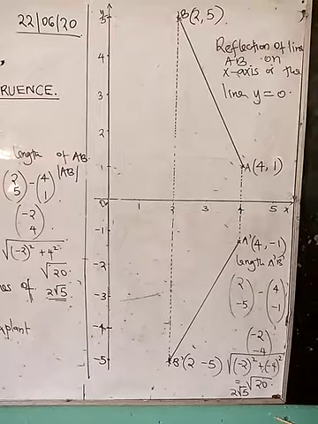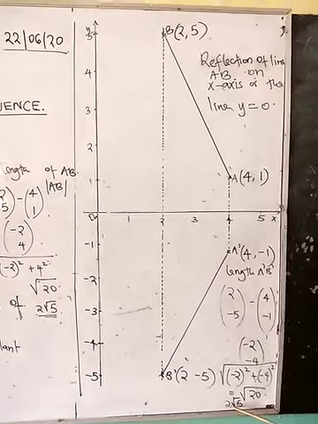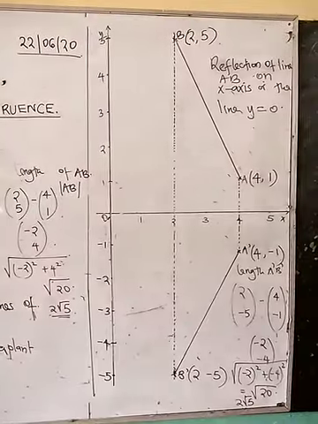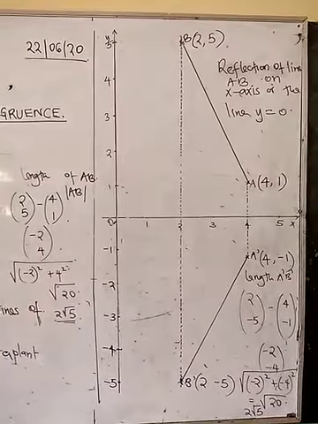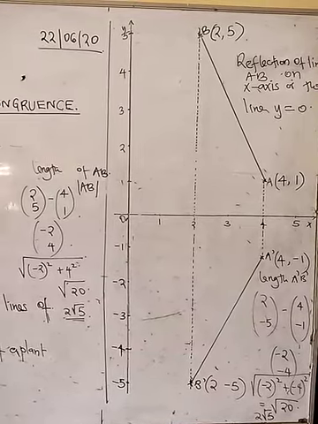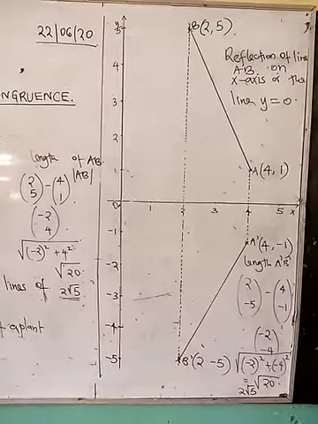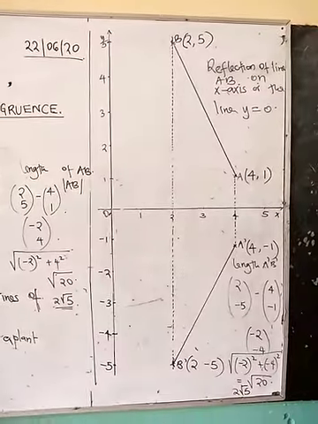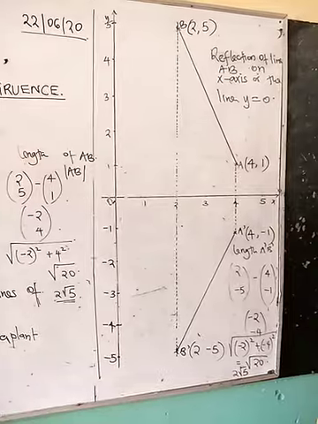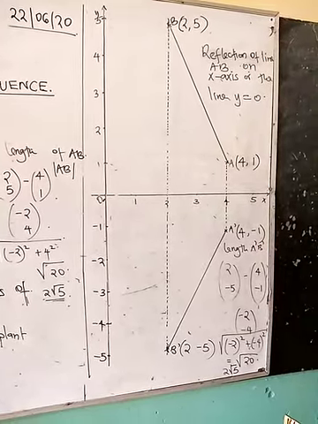And when you get the square root, you'll get 2 root 5, which confirms that the length of AB and A prime B prime are equal.